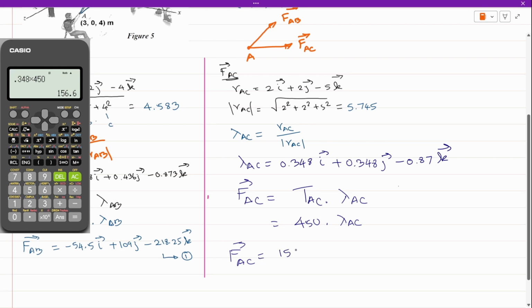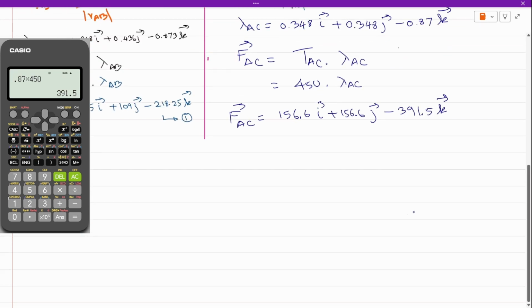So 156.6 I vector plus 156.6 J vector, and for the last one, 0.87 into 450 is 391.5. So minus 391.5 K vector. Now we have to identify the resultant of these two forces.